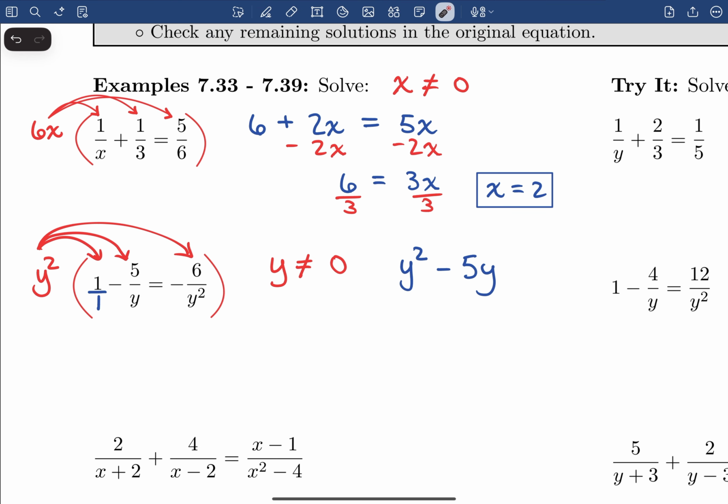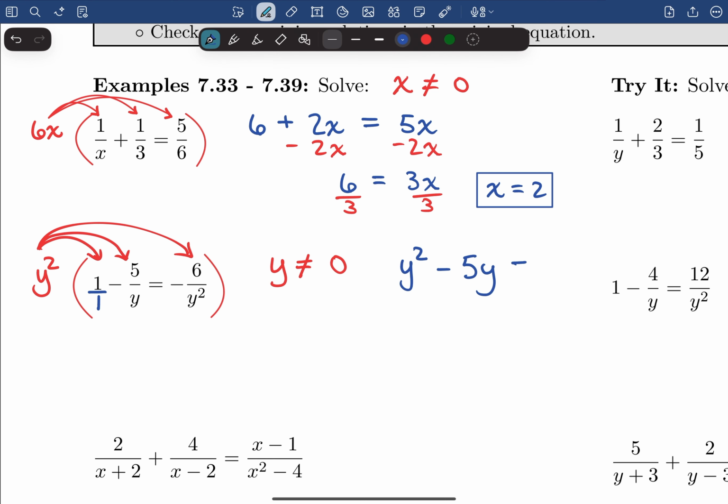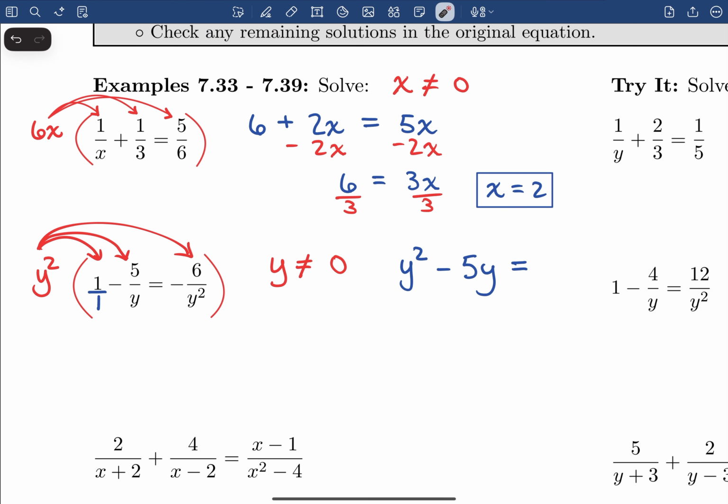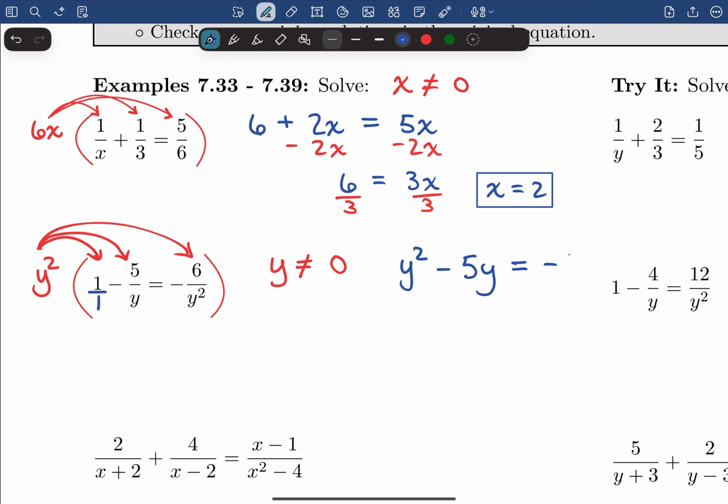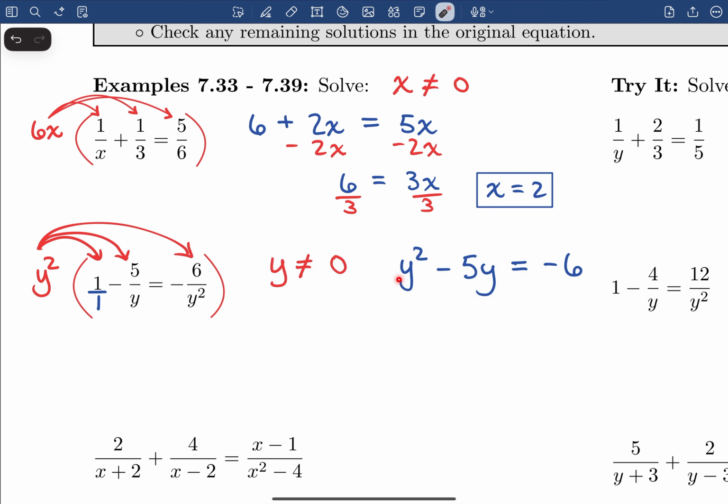So I have a minus sign, and then y squared times 5 divided by y is 5y. Next, I have an equal sign. Now, take y squared and multiply it by 6, and you get 6y squared. And divided by y squared, well, y squared divided by y squared cancels. And so my result over here is negative 6. Great, I have an equation. And I have no more fractions.